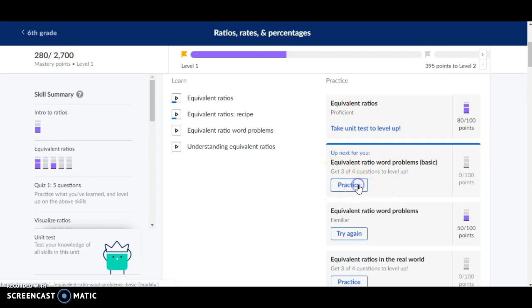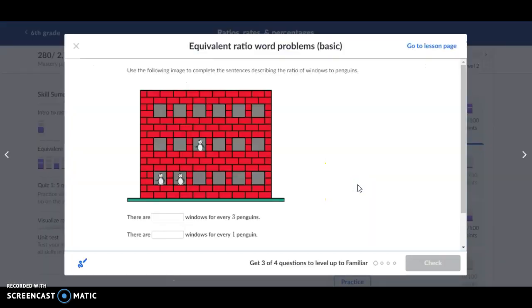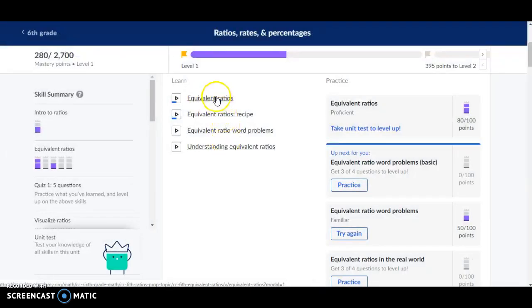If I get to the practice and the material looks unfamiliar, I have two choices. I can go to the lesson page, or I can go back and look to see if there's a video on the topic.